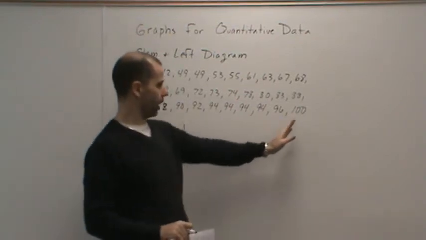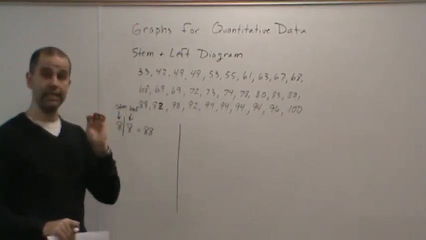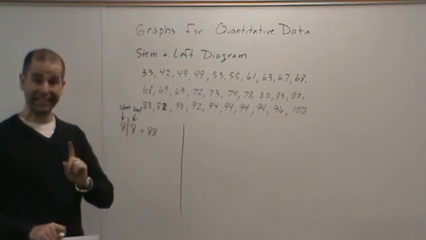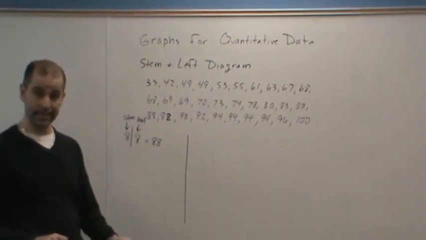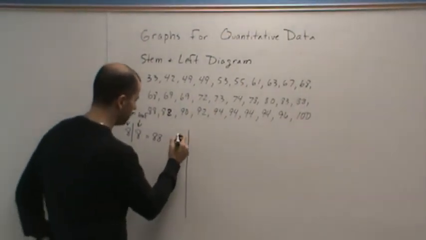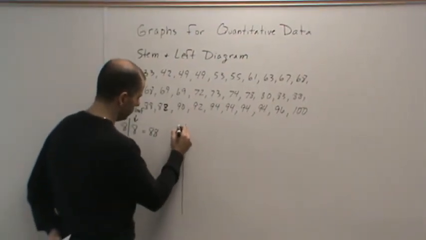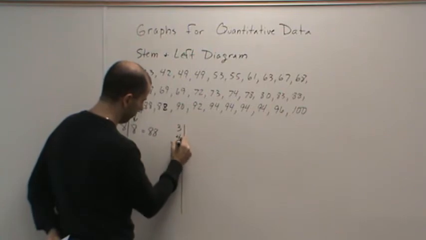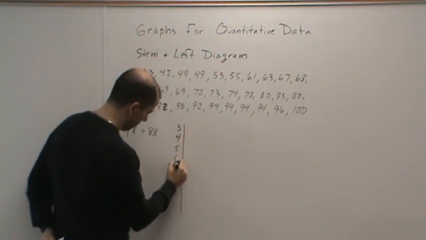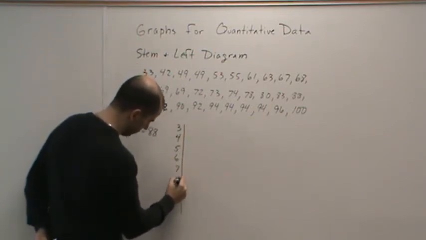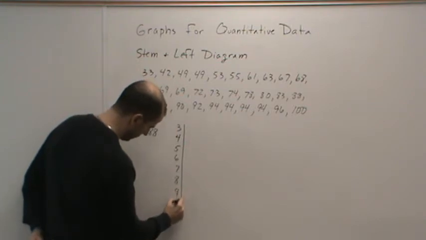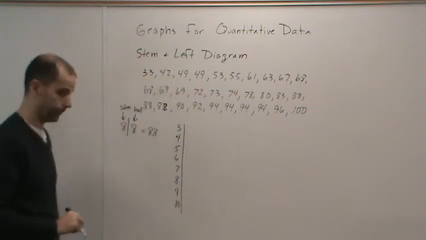What's my maximum value? 100. So I'm going to put all of the digits from 3 to 9 for the tens column. So I'm going to start at 3 and go down to 10. So it'd be 3, 4, 5, 6, 7, 8, 9, 10.